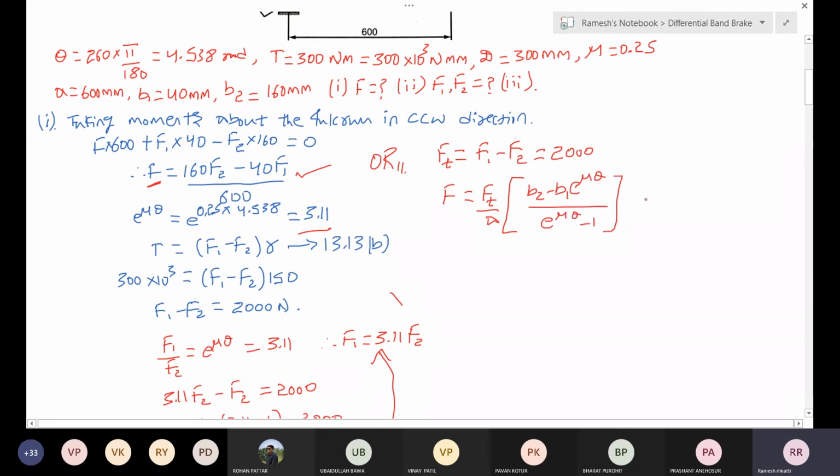This is there in your data book, equation 13.19. You substitute that, and from this the force you will be getting will be the same.